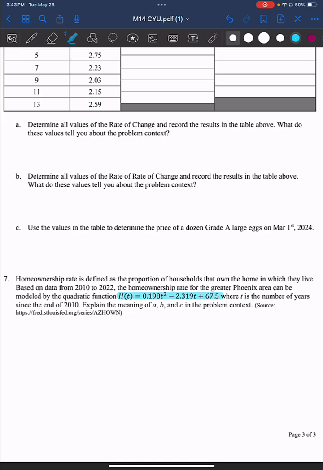Okay, so explain the meaning of A, B, and C in the problem context.